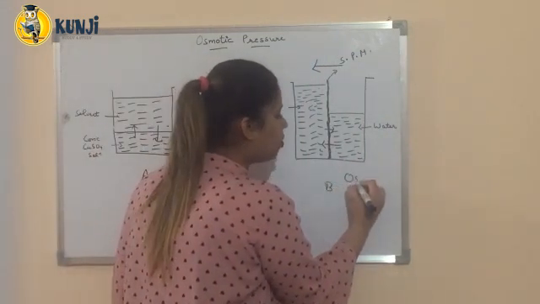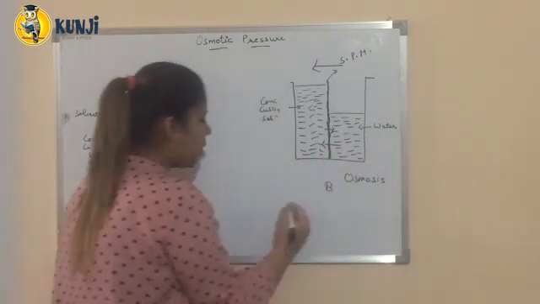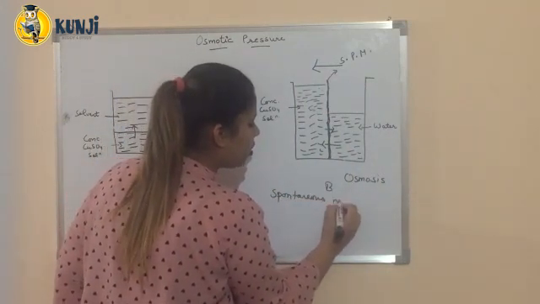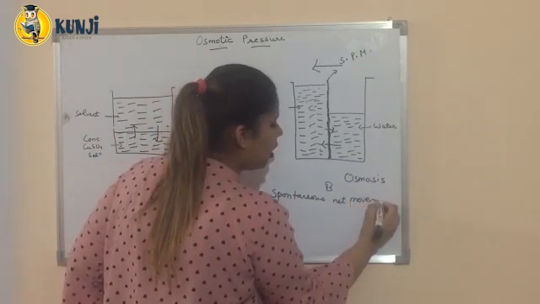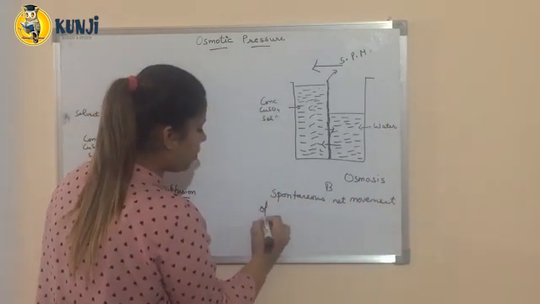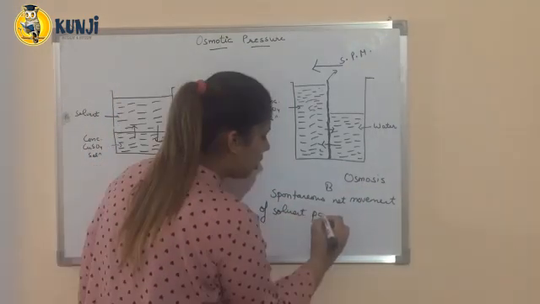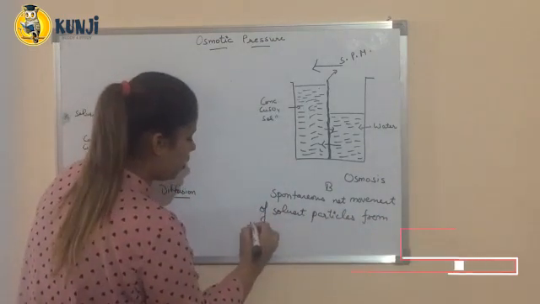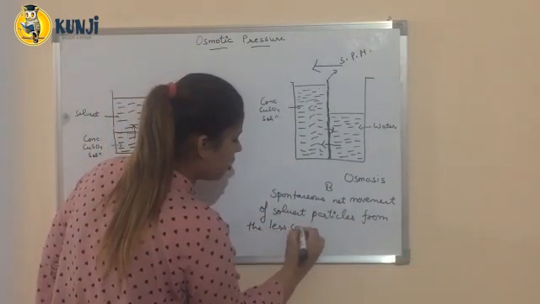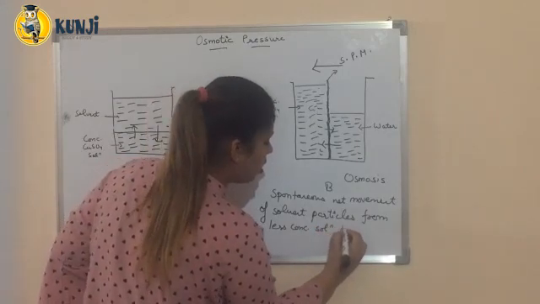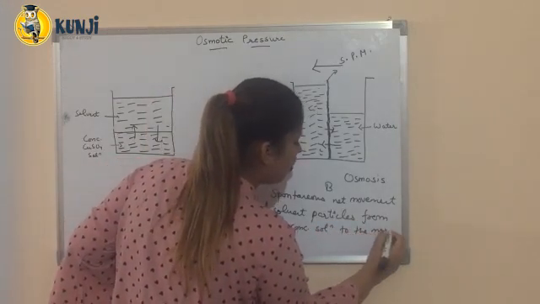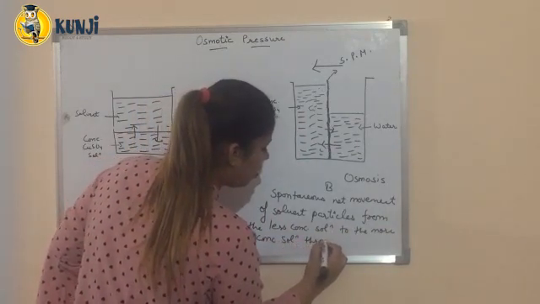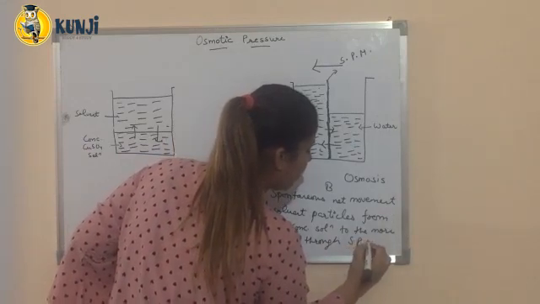This is known as osmosis, which means it is a spontaneous net movement of solvent particles from the less concentrated solution to the more concentrated solution through a semi-permeable membrane.